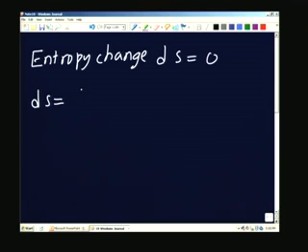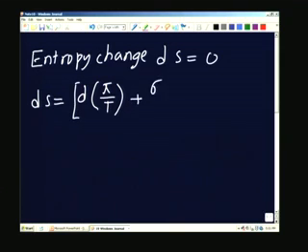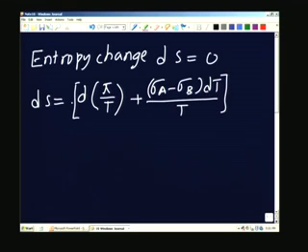The heat is absorbed at one of the junctions at temperature T, so the entropy change is pi by T, pi being the heat absorbed or rejected divided by the temperature at that junction, and the other junction is at T plus delta T. Therefore, the entropy change is d of pi by T for a small temperature difference between the two junctions, plus sigma a minus sigma b into dT divided by T, of course multiplied by I. This is equal to 0.